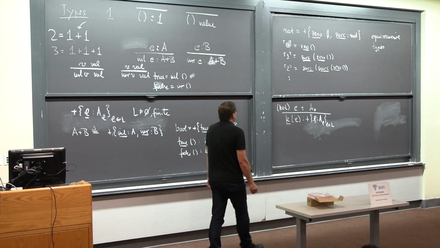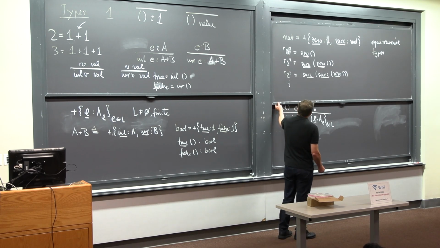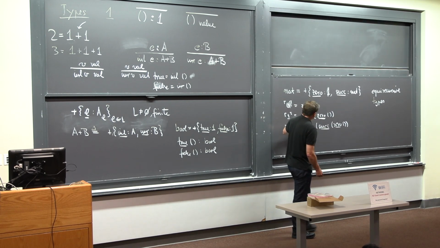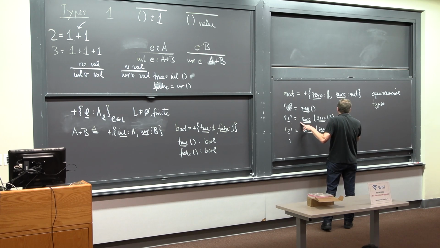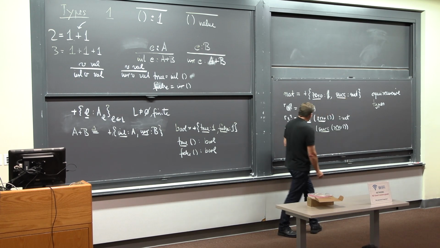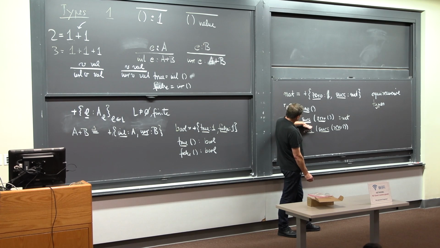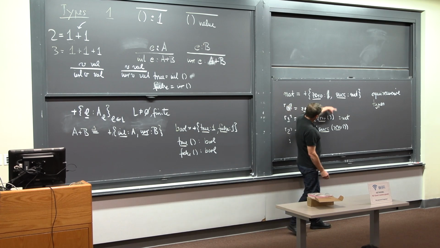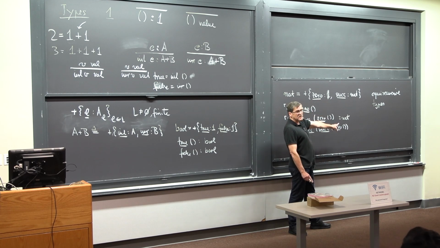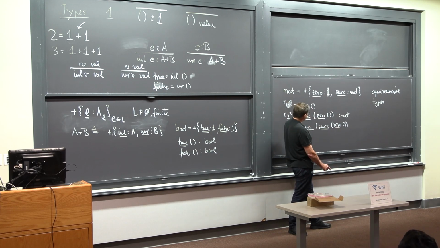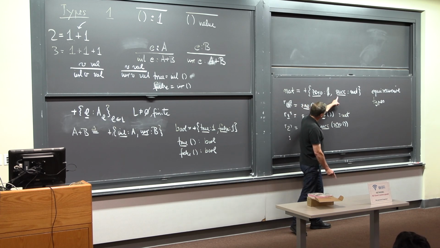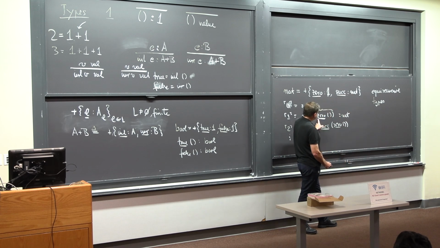If we look at something like this, we want to type this expression and show that it is of type nat, which a type checker will do. It's a successor. Now nat is equal to this type over here that really is a sum. That's an easy thing to say because it's an equirecursive type. We see there's a successor, so the thing underneath has to have type nat. 0 has type nat.